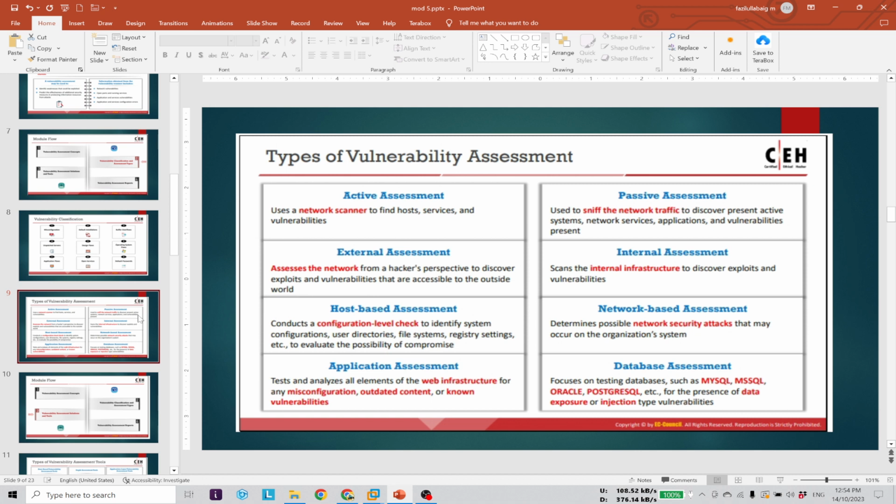In active assessment, an attacker is using a network scanner to identify or enumerate the host, which is nothing but the operating system, and the service.